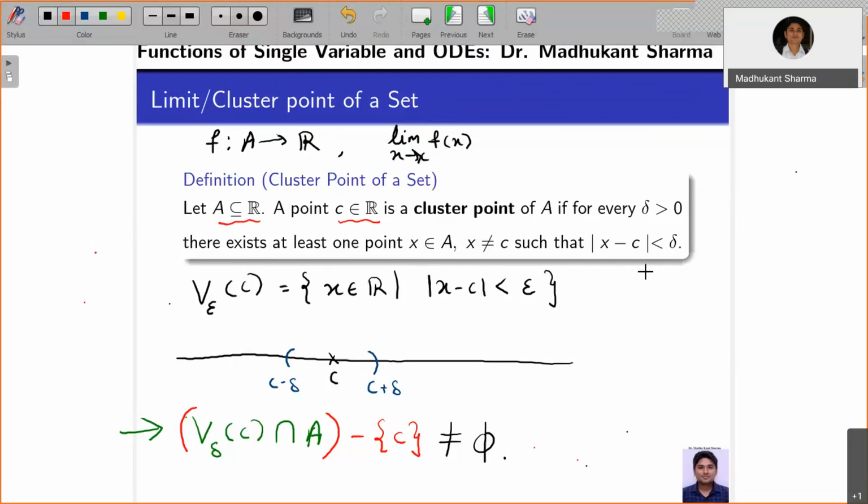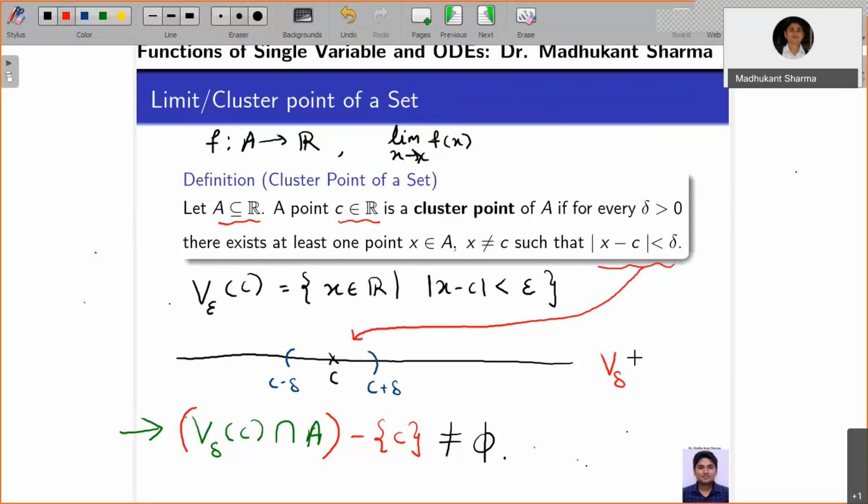So if you open up this mod x minus c less than delta, that means x belongs to c minus delta to c plus delta, which is nothing but the delta neighborhood of c.